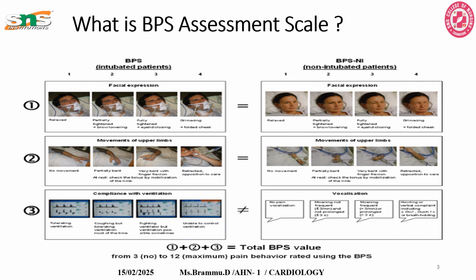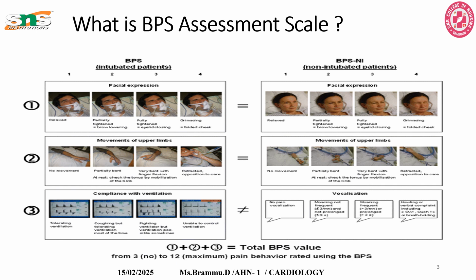On the other hand, the facial expression and the movement of the upper extremities are the same, but only the third thing, compliance with the ventilation, changes to vocalization. No pain vocalization, the patient gets a score of 1. Moaning but not frequently, the patient gets a score of 2. Moaning very frequently, the patient gets a score of 3.